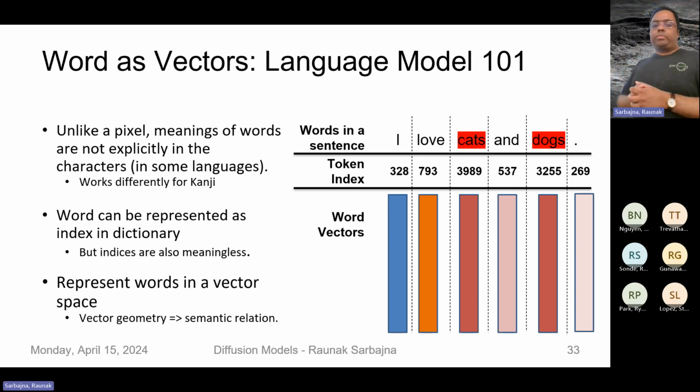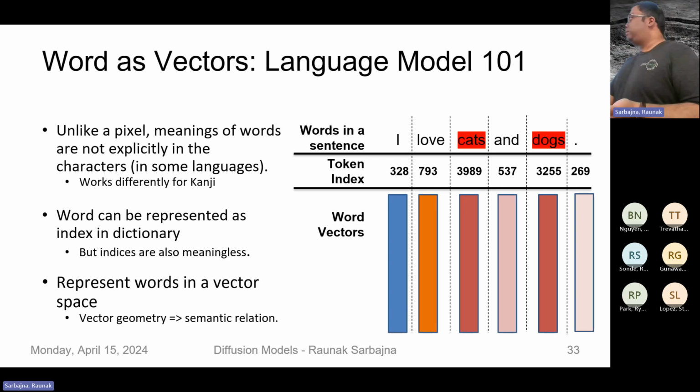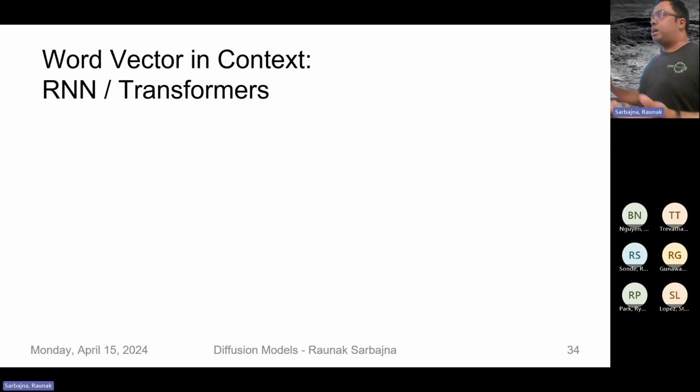And then we are not talking about attention and transformers and all the language modeling stuff. Just know that, when word vectors work using RNNs or transformers, the meanings of those individual words depend on context, and the context is not always the same.